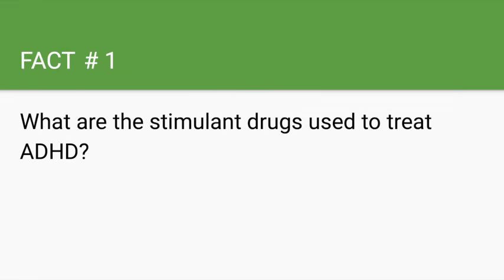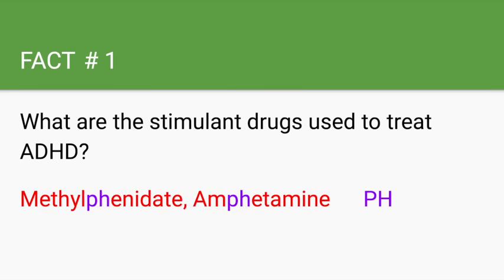What are the stimulant drugs used to treat ADHD? Methylphenidates, amphetamines. So how I remember it is that if the drugs have pH in it, then they are stimulants. But if they don't have pH in it, like clonidine, then they are non-stimulants.